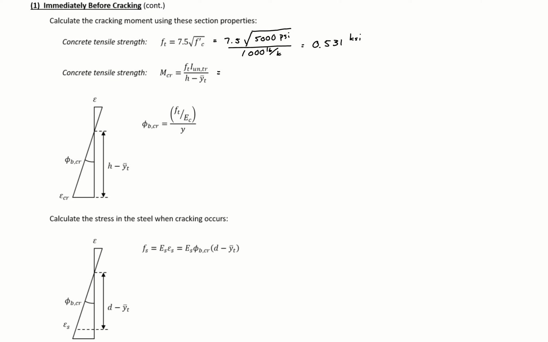We can then find our M cracking, which will be equal to our FT, 0.531 KSI, times our I uncracked transformed, 20,819 inches to the fourth, divided by our overall height, 24 inches minus 12.6 inches, which will give us a cracking moment of 966.1 kip inches.